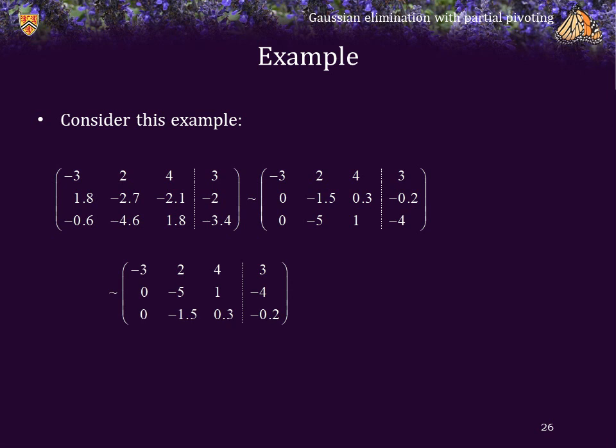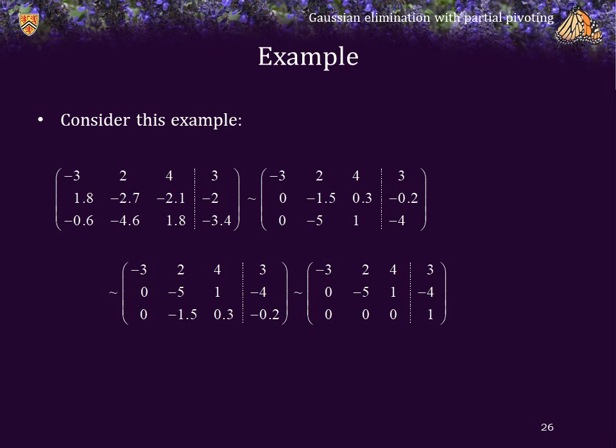We now proceed to add -0.3 times row 2 onto row 3 to eliminate the -1.5. So at this point, we could carry on the algorithm, but we do see that the matrix is in row echelon form.